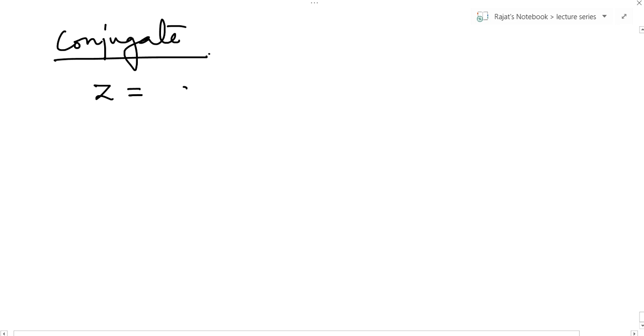Suppose there's a complex number z is equal to a plus ib, then conjugate of z is equal to a minus ib: we do not touch the real part but we change the sign of the imaginary part. So this is a conjugate.